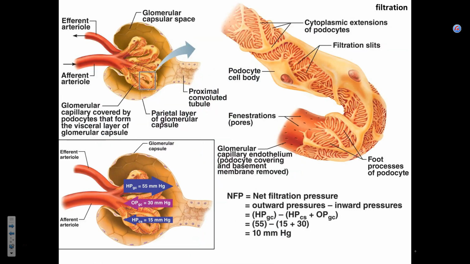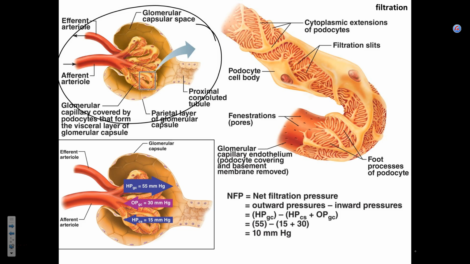A few words we're going to start, but not finish, about the structure of the glomerulus. This is a typical glomerulus. Let me show you on the model as well as on the image.